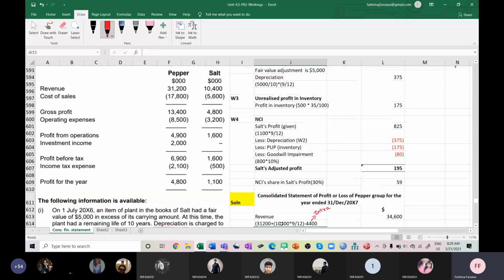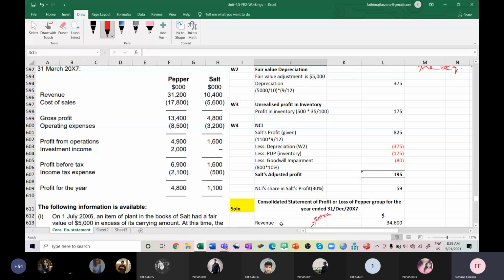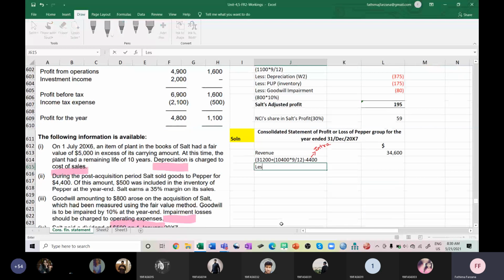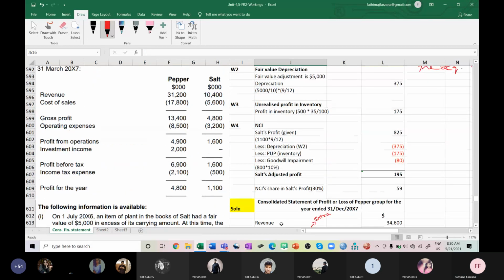Then what is the next item? Go according to the format. Cost of sales is the next item. So less. Tell me what all I'll take.